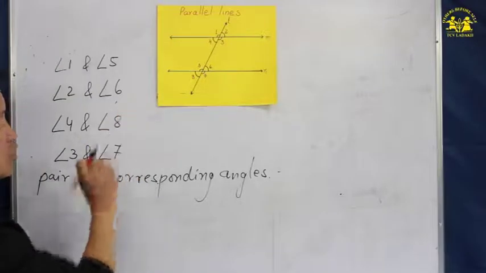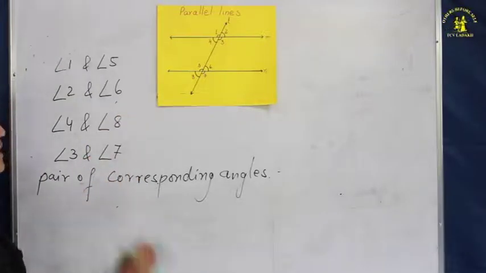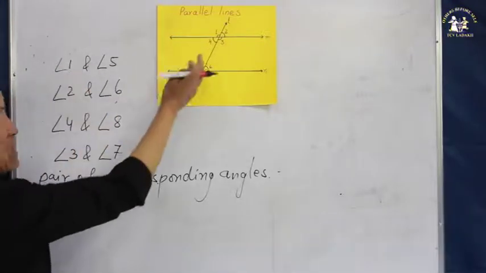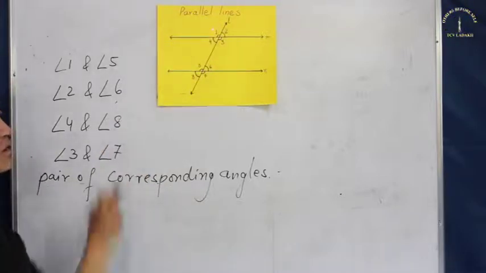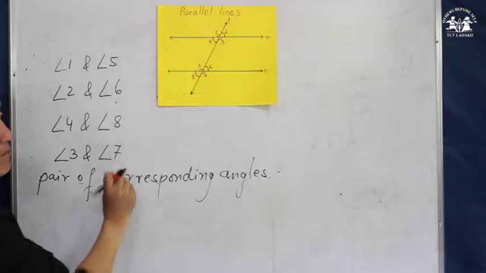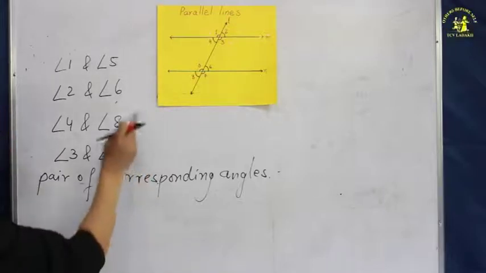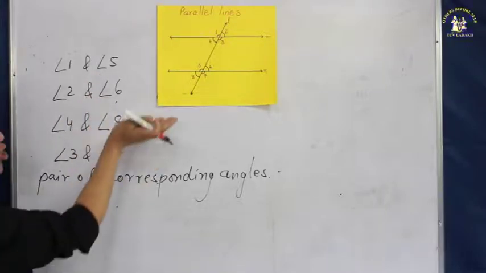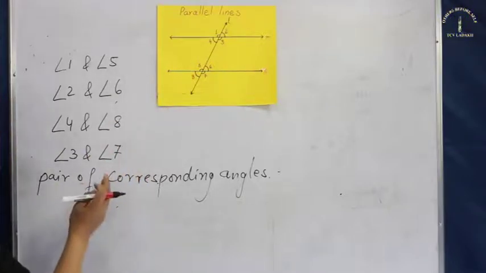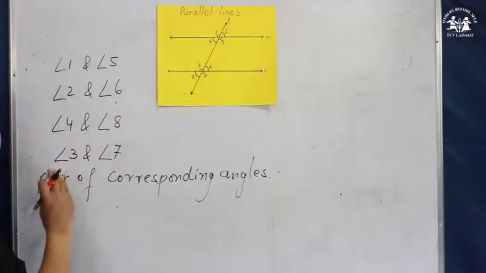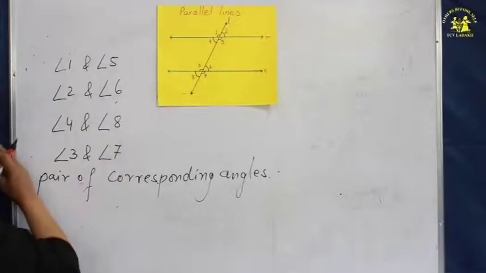Angle 1 is on top of line M, and angle 5 is also on top of line N. And both these angles are on the same side of the transversal.